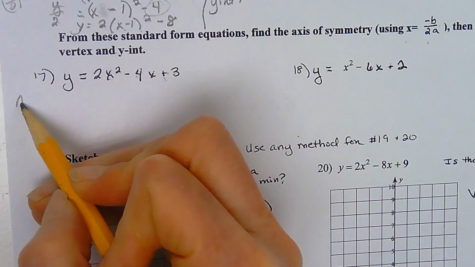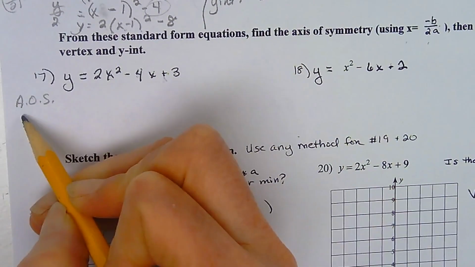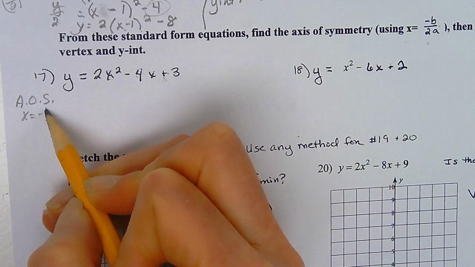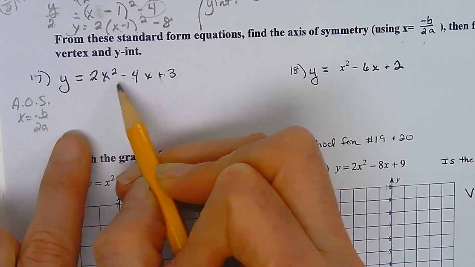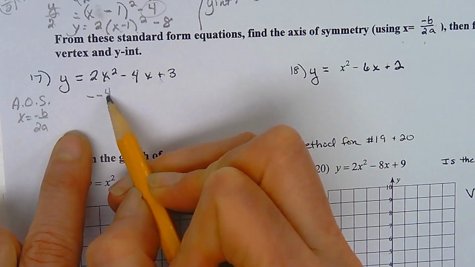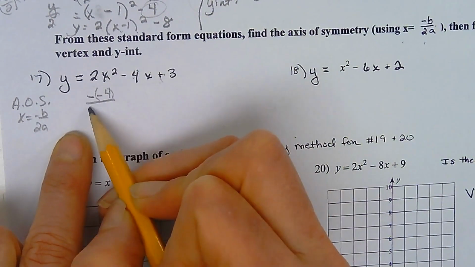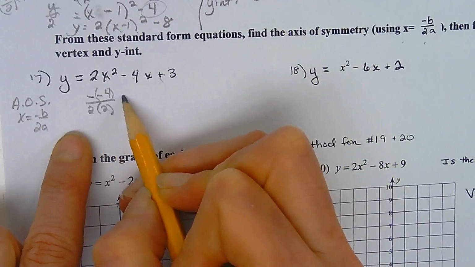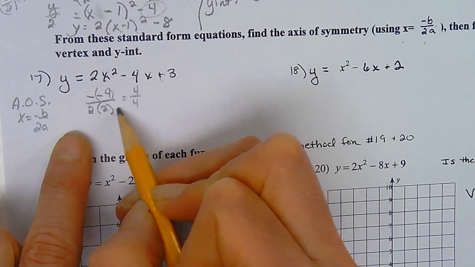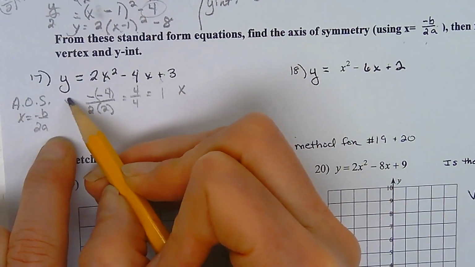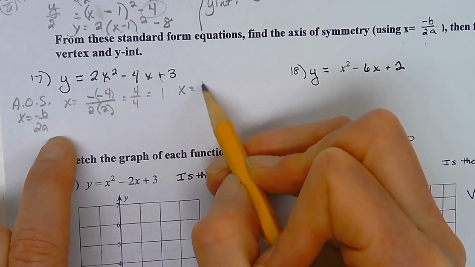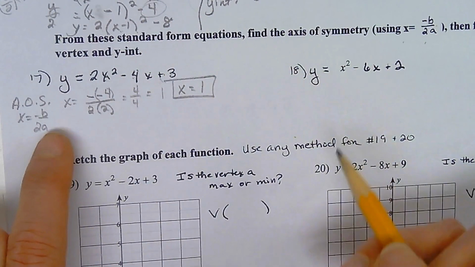So the opposite of b over 2 times 2, that becomes 4 over 4, and that becomes 1. So x equals 1. That is the axis of symmetry.